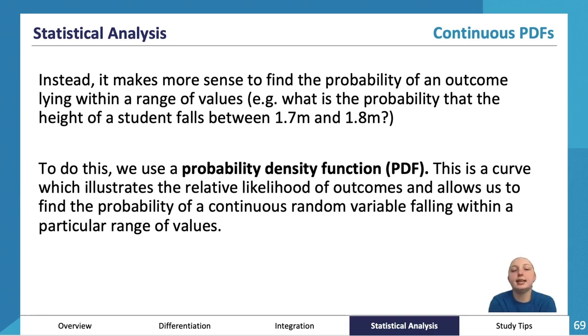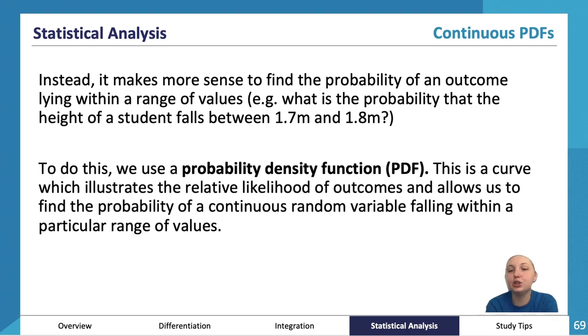So it makes more sense to find the probability of an outcome lying within a range of values. Rather than trying to find the exact 1.79234767, it makes more sense to think about the probability that the height of a student is between 1.7 and 1.8.